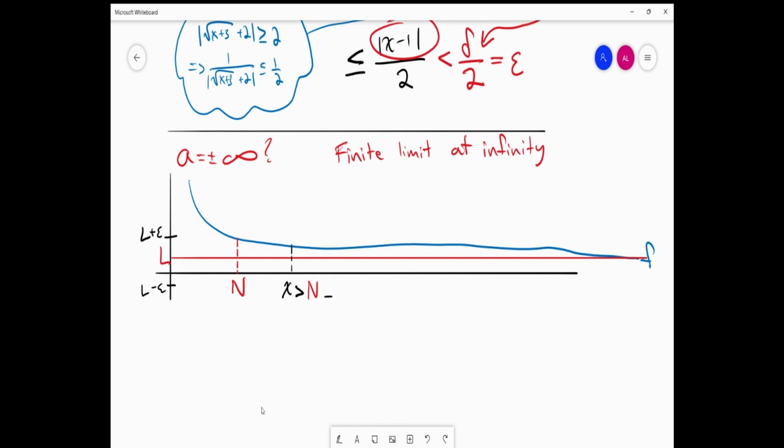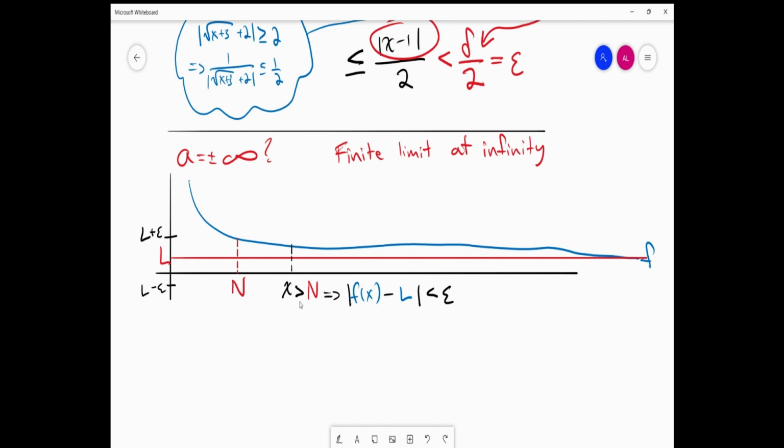So basically, this definition says that for any epsilon, there must exist an n for which x bigger than n will imply that the absolute value of f of x minus L is less than epsilon. And if this is negative infinity, then it's x less than n. So what is this definition saying? Well, we can decrease or increase epsilon, and we can increase and decrease the size of this range.